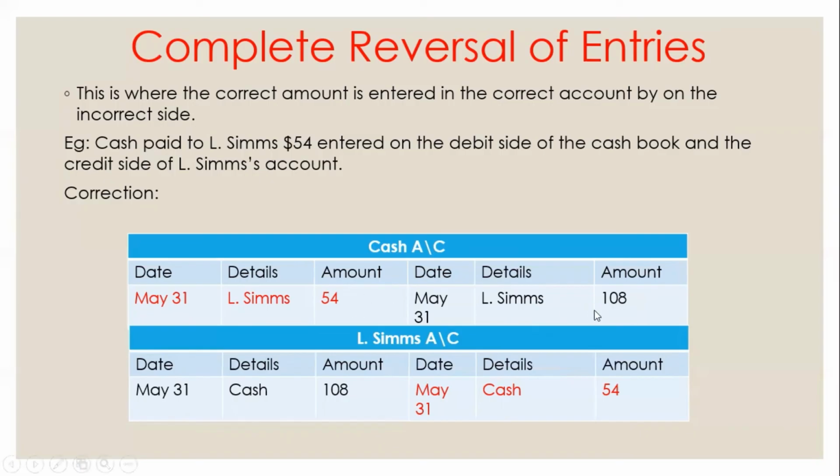So what you need to do is double the amount that is on the debit side, right? So when you double it, you will cancel this one and also show a payment of $54. So you credit the cash account $108, which is 54 times 2, and you debit L. Sims account with $108, right? So that's how you correct that type of entry.